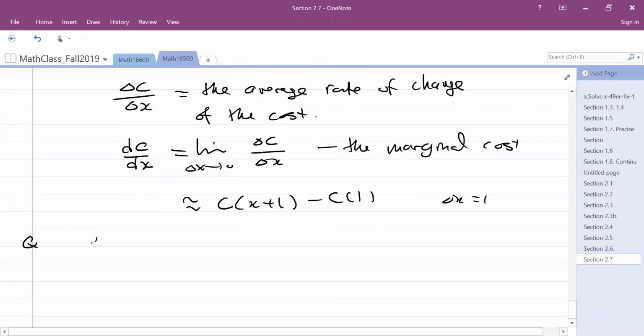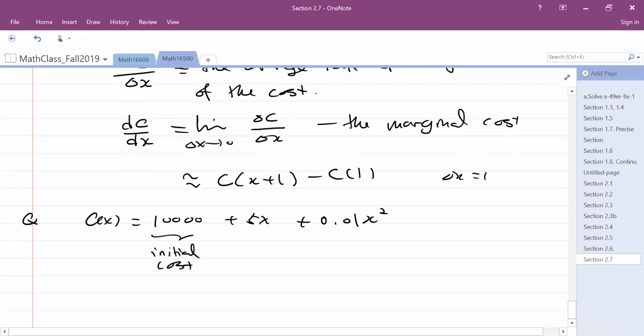Here's an example of a cost function. This is a typical cost function in dollars: 5x plus 0.01 x squared, plus the initial cost. I think 5x means the cost for producing each unit. But why is there 0.01 x squared?